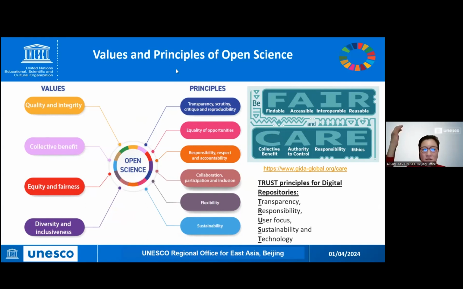Yes, so we have a set of values: quality and integrity, collective benefits, equity and fairness, and diversity and inclusiveness. And we also have a set of principles. So we need to be transparent, with scrutiny, critique, and reproducibility. We need to ensure the quality of science first.